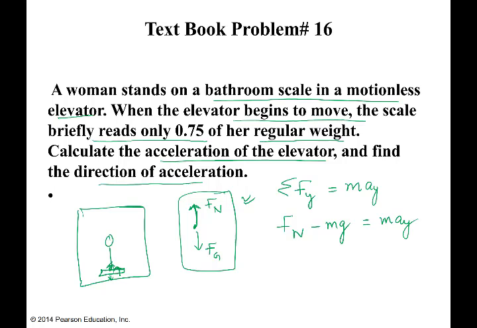What it said was that when the elevator begins to move, the scale briefly reads 0.75 of a regular weight. So the normal force is what gives us the reading on the scale. So that means Fn is equivalent to 0.75 times mg.